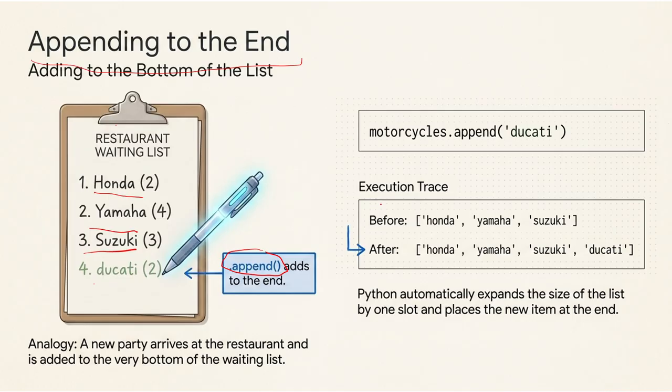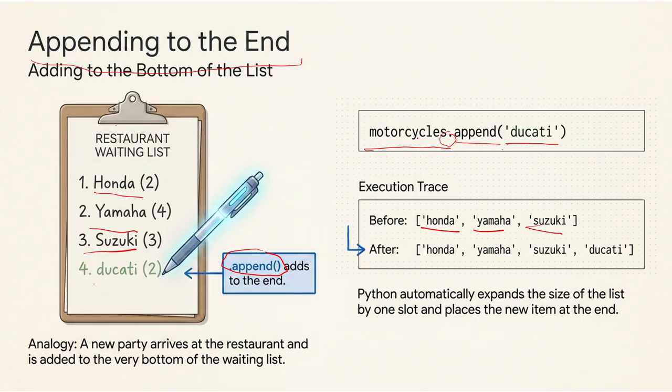So here if you see, earlier we were having a list containing Honda, Yamaha, Suzuki. But after calling motorcycles, which is our list, you access the method using the dot operator, dot append, and within append you have to provide the value you want to append. So I want to append Ducati.